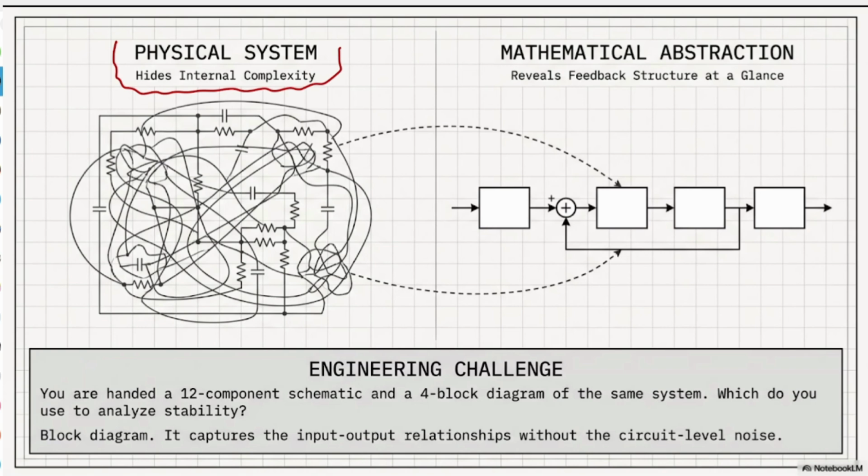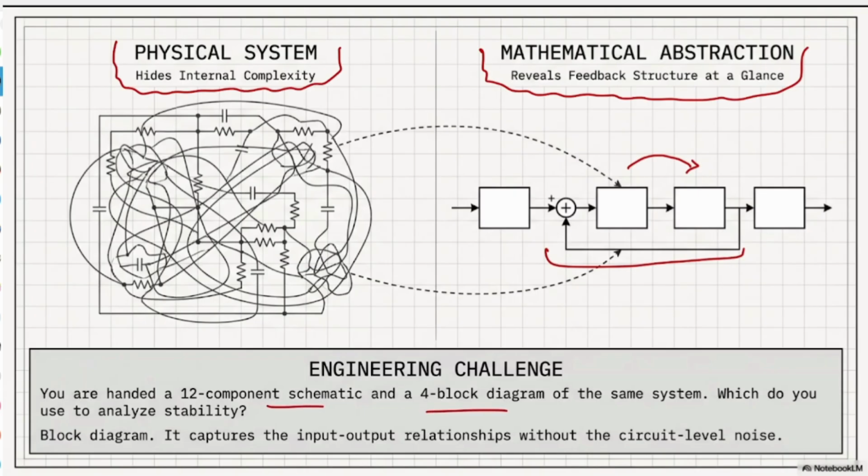So at the very beginning, it would be better to talk about mathematical abstraction, so that by using this method we can see what is happening between different systems. As you can see, we have, for instance, two series systems side by side, we have a feedback loop, and so on. Imagine that you are going to be handed a 12 component schematic, and on the other side you have a 4-block diagram of the same system.